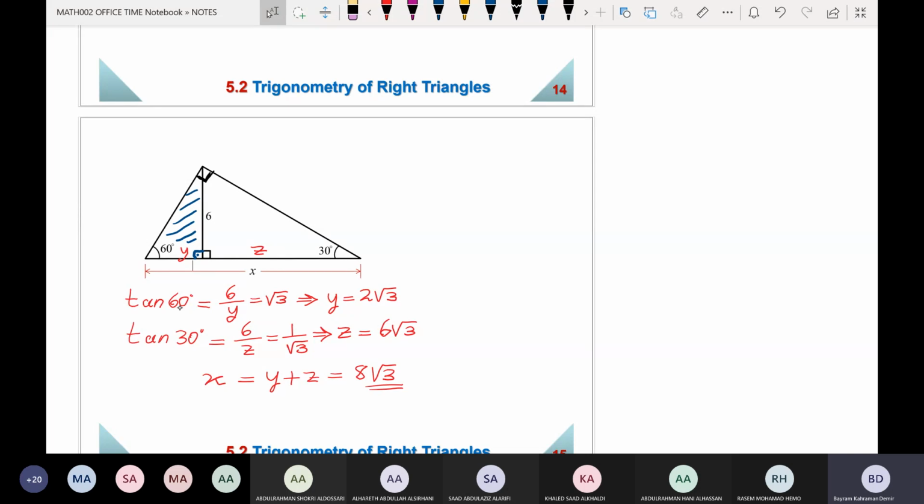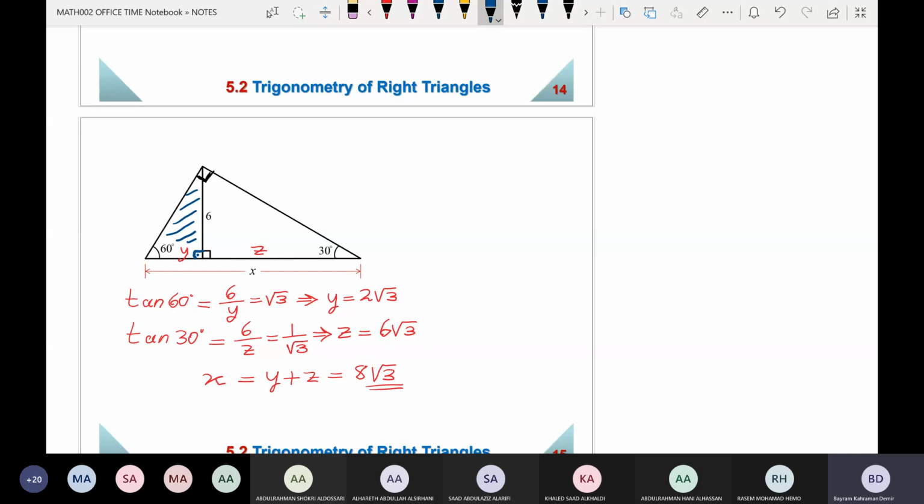So root 3 equals 6 over y, and we solve for y: y equals 2 root 3. Perfect.